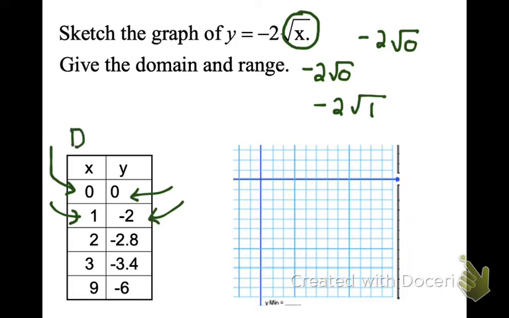So this is my domain, and this is the range. And so now we're looking at the direction. So we started with 0, and the numbers are getting greater. And then with my y's, it happens that I started with 0, but my values are becoming less than 0.